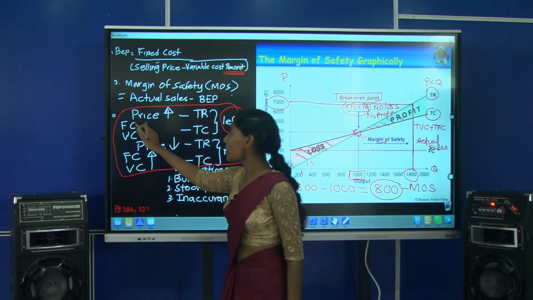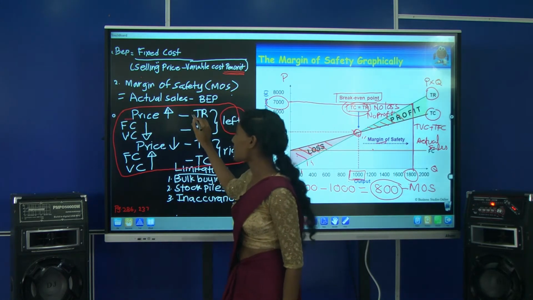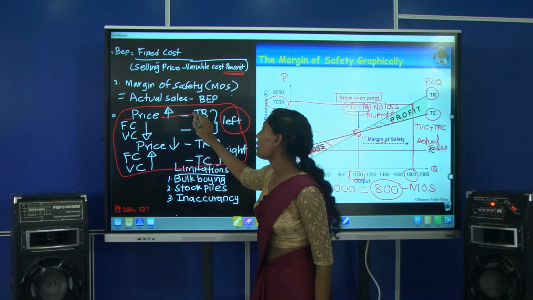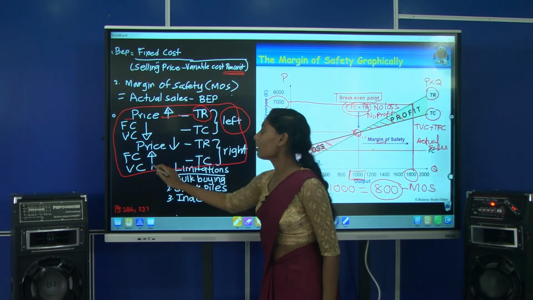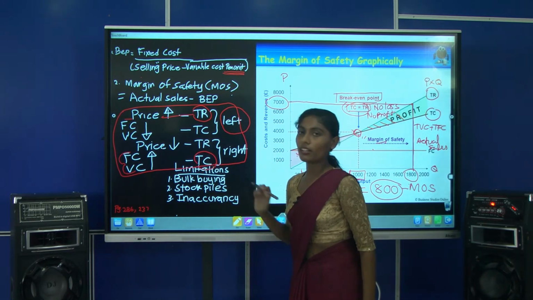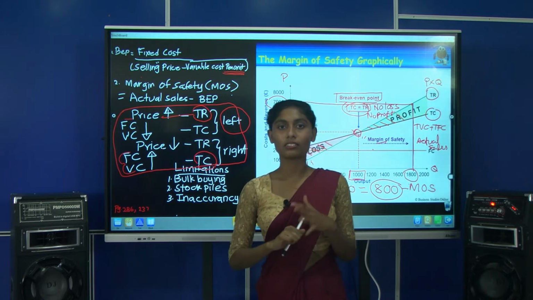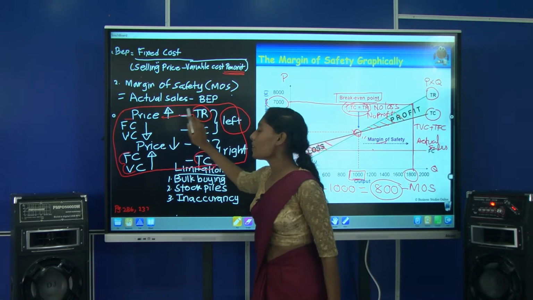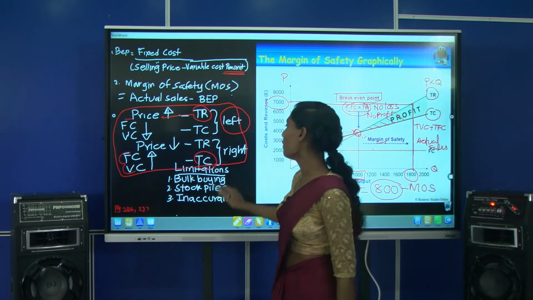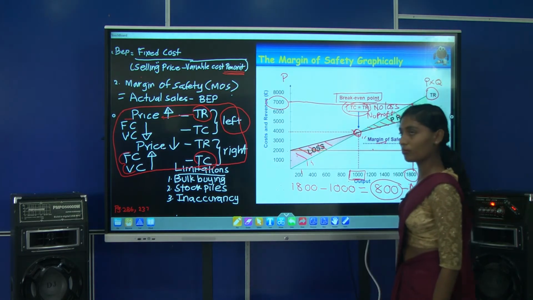When we are discussing the price, we always look at the total revenue curve. And the fixed cost and variable cost, we always see with the cost curve in the diagram.